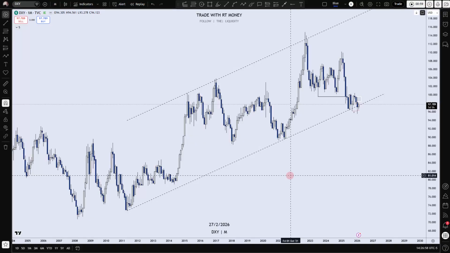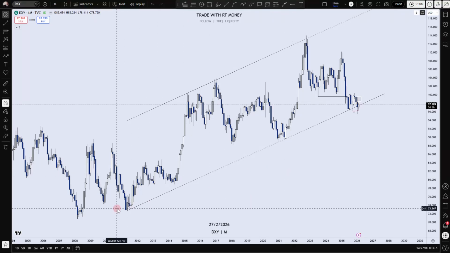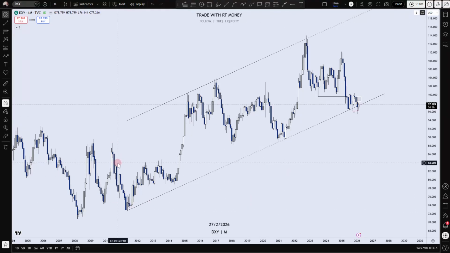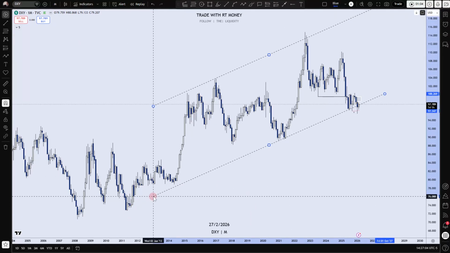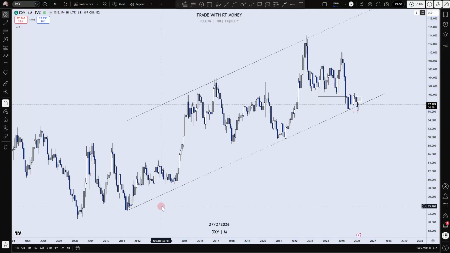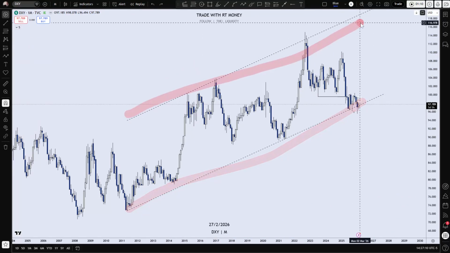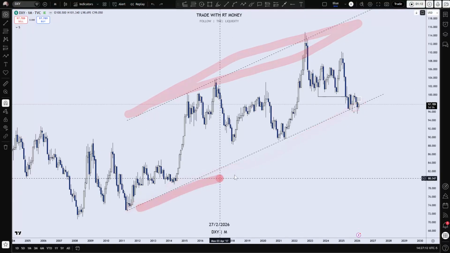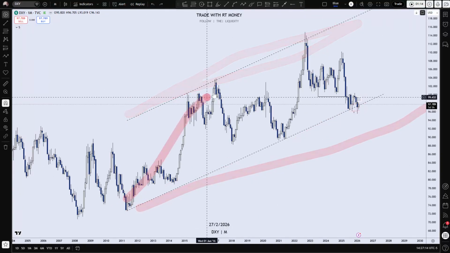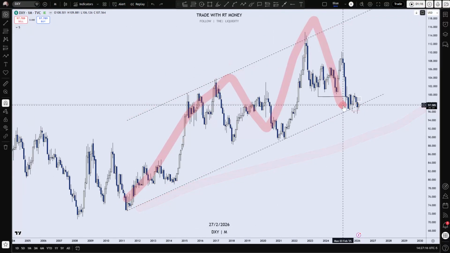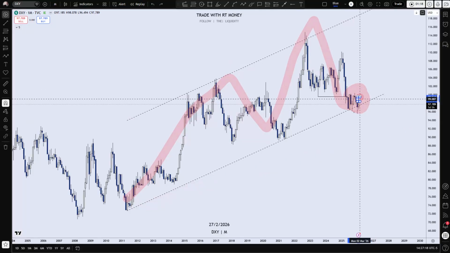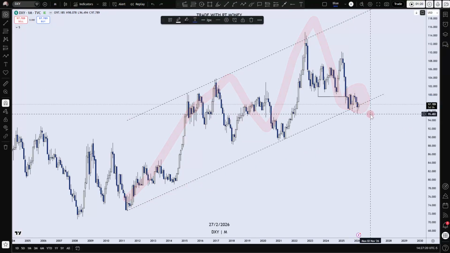All right. Now, as you can see on the monthly time frame, what do we have? We have an ascending channel, right? An ascending channel that's making higher highs, higher lows, higher highs, higher lows. This is the potential higher low here.